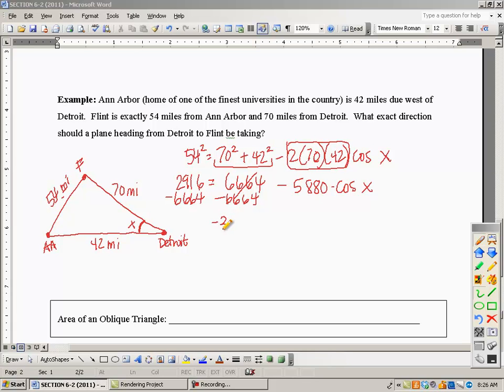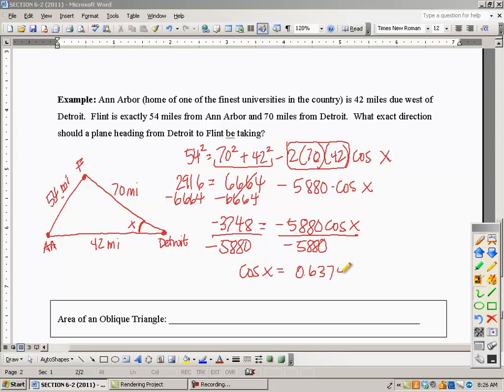You end up getting negative 3,748 equals negative 5,880 cosine of x. We divide by negative 5,880 on both sides. You get that the cosine of x then is 0.6374.